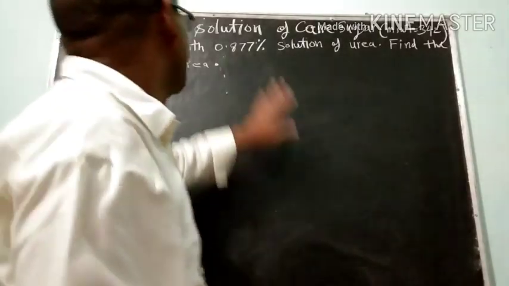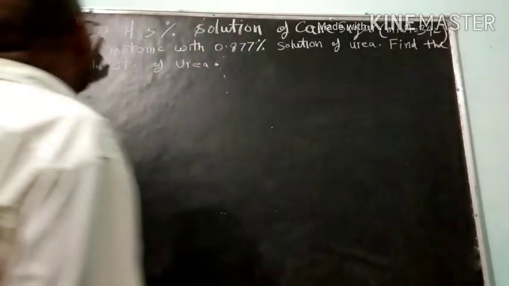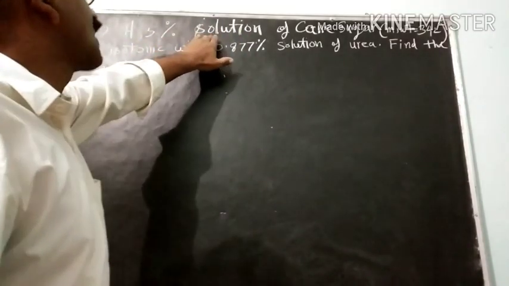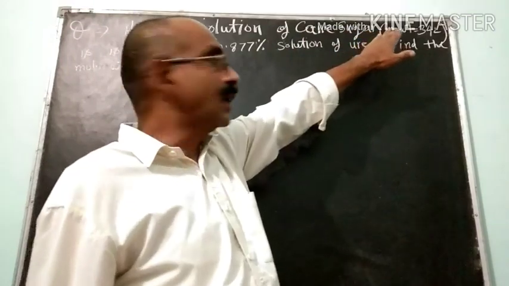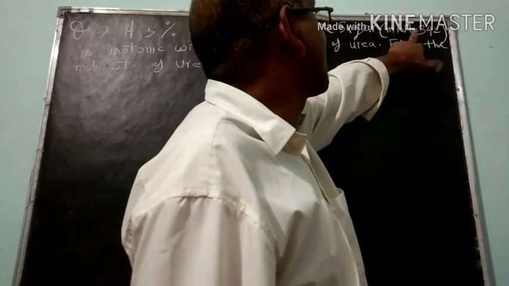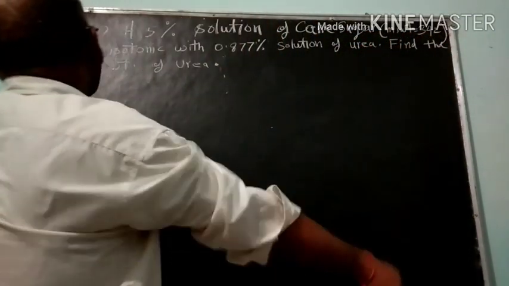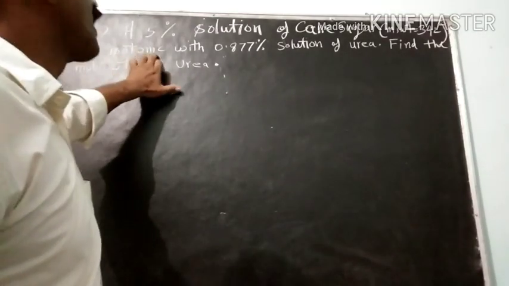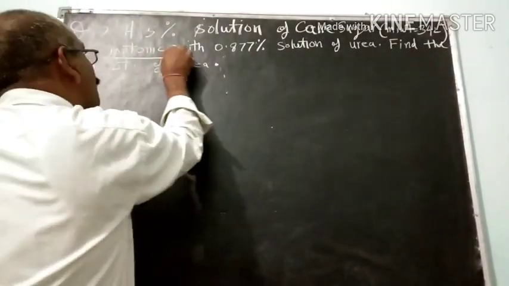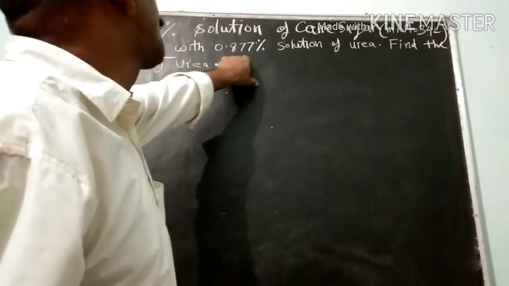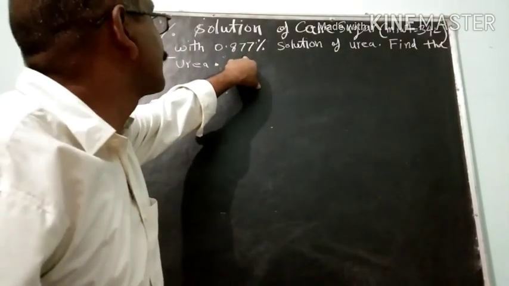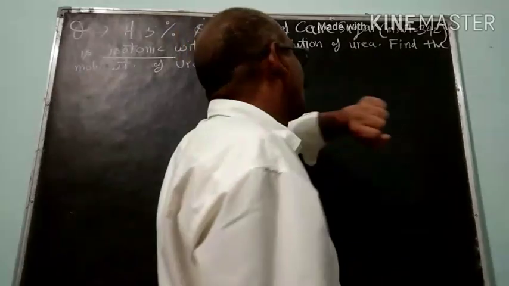Now, the numerical: a 5% solution of cane sugar, molecular weight 342, is isotonic with a 0.877% solution of urea.